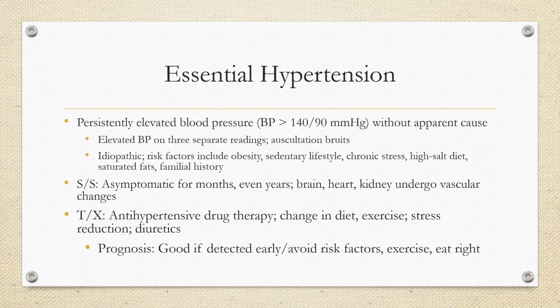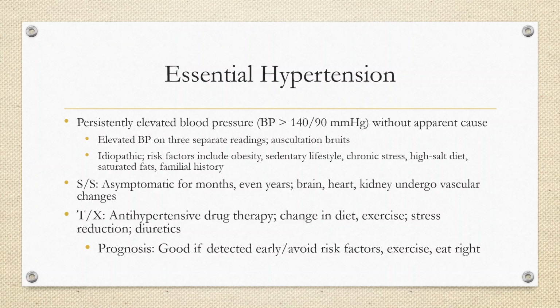So it can lead to things like decreased elasticity of the arterioles, which increases resistance to blood flow, which further increases our blood pressure. Some individuals are asymptomatic, whereas other people show signs of these vascular changes. Like I said, we might also see things like headache, flushed face, blurred vision.